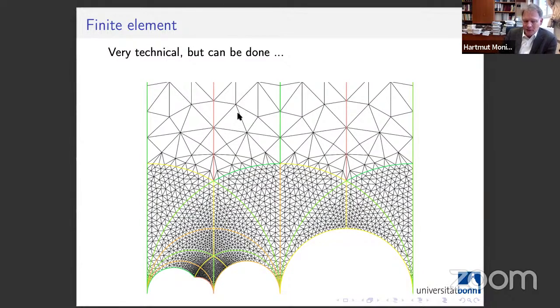And that's a technique which is very well known to applied mathematicians. This is used, for example, in calculating the flow around the wing of an airplane. This is a trivial thing for a numerical analyst.